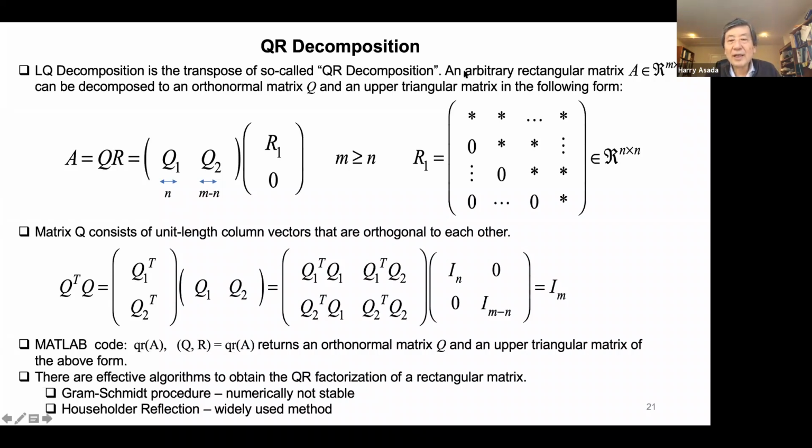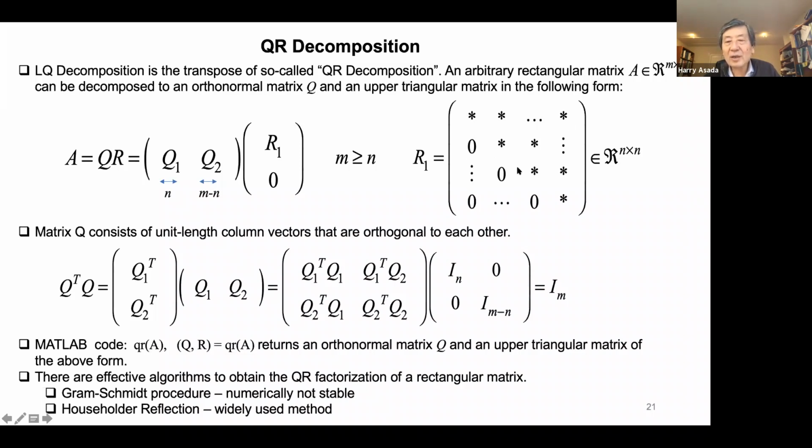So any real rectangular matrix, that's considered n by m, such a matrix can be decomposed into a product of Q and R, and R is actually having some components here, but all zero in the left bottom part.